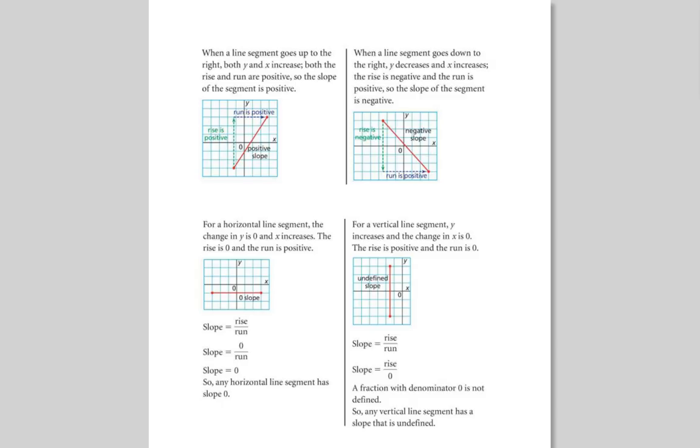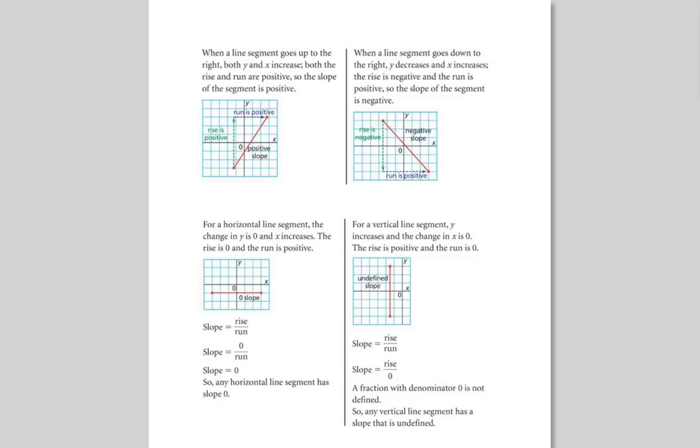So the rise is negative. So this is a positive slope and this is a negative slope. As the run is positive, that's a good setting to always have your brain in for this type of stuff. Keep the run positive. What happens as you go to the right?